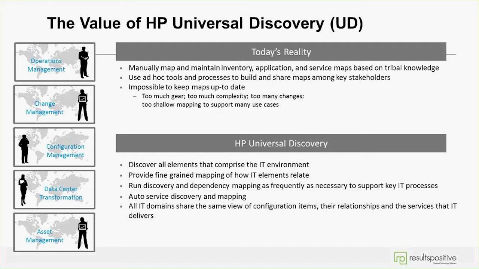Similarly, your data center transformation team could be looking into what is in data center A and what has been moved over to data center B, or looking for a certain business application or business services that are running out of different locations. So in a nutshell, what UD provides is a configuration management system that could be used all across the board, and all the different individuals out of these practices could be referring to the same CIs or configuration items.